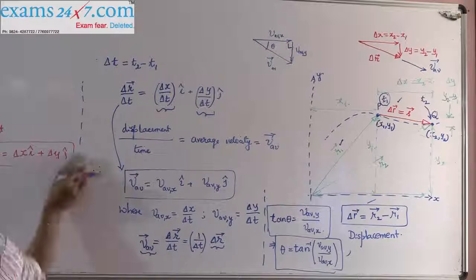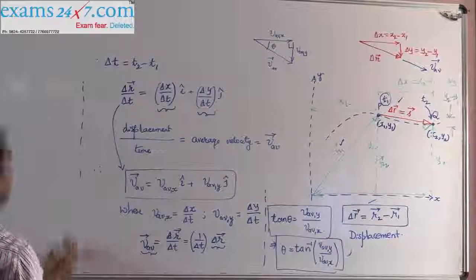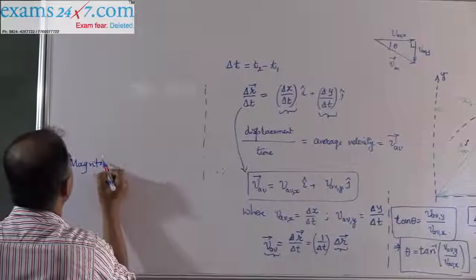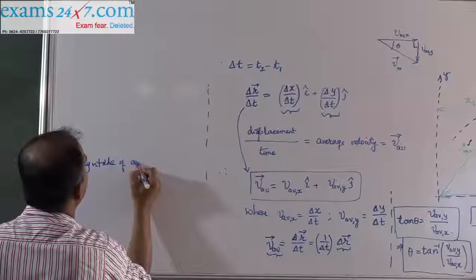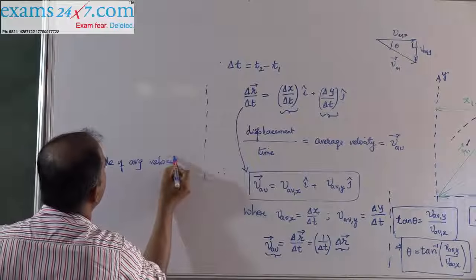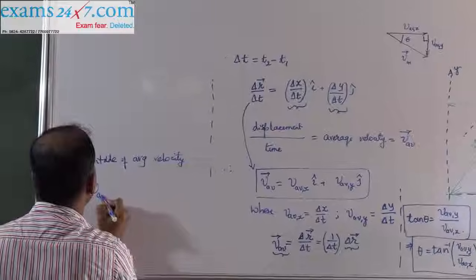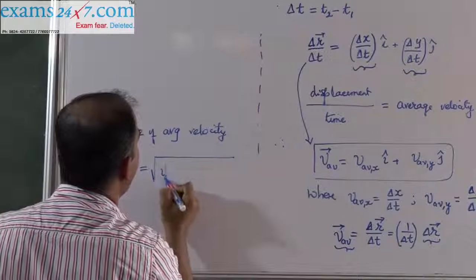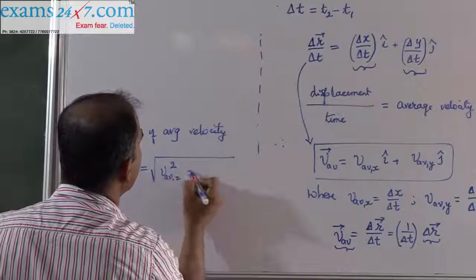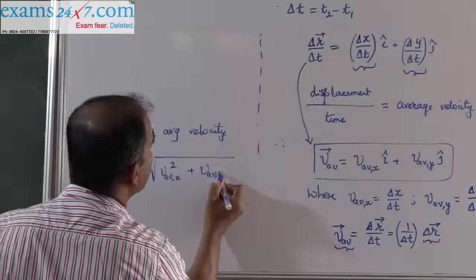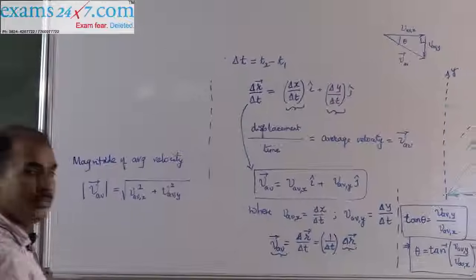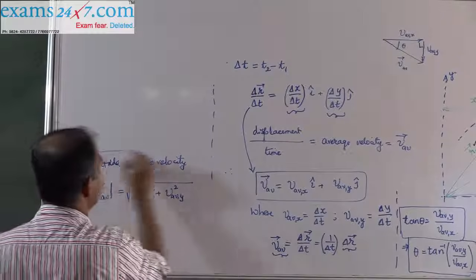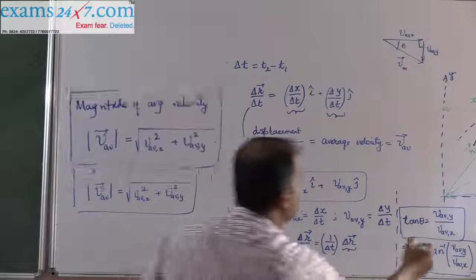The magnitude of the average velocity, V average or modulus of V average, is the square root of the average velocity X component squared plus the average velocity Y component squared. Very, very simple. So this is the magnitude and this gives the direction.